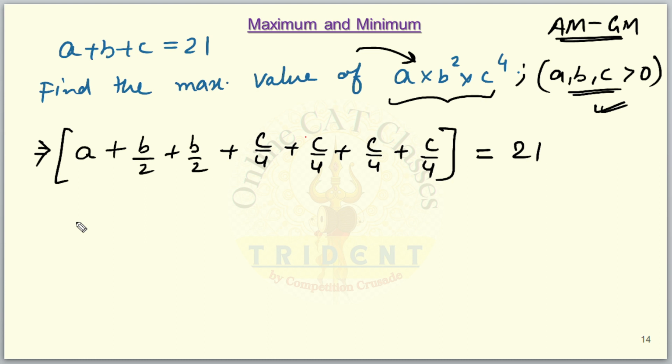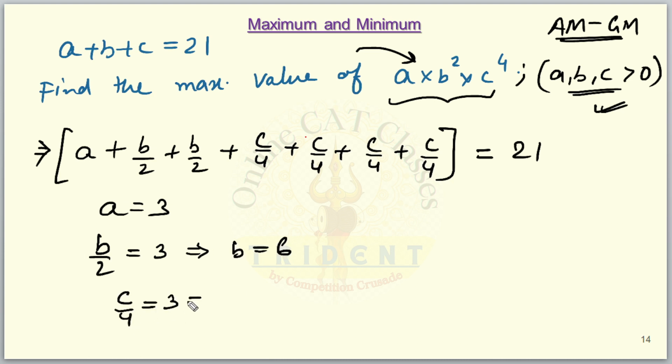Okay. Now at this point, tell me how many terms are there. So 1, 2, 3, 4, 5, 6, 7 terms are there. So in other words, A will be 3, B by 2 will be 3. This means that B will be 6 and C by 4 will be 3. This means C is equal to 12.